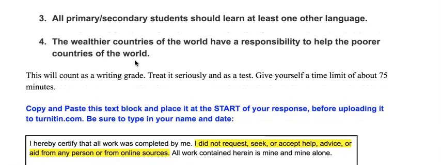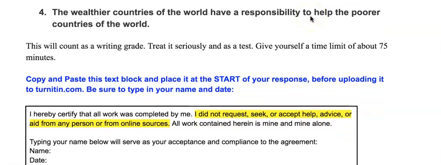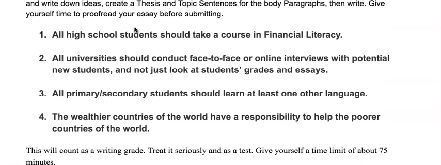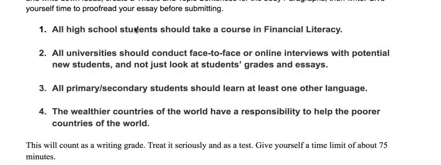Third choice, all students, primary, secondary, meaning elementary, high school, should learn at least 1 other language. And then number 4, the wealthier countries of the world have a responsibility to help the poorer countries of the world. So choose any one of those 4.